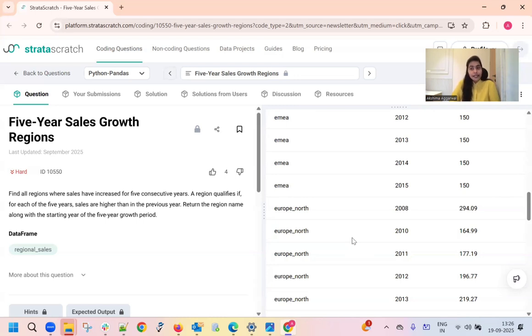If the region has less than 5 years of data, then we are going to discard that region and continue for the next region.